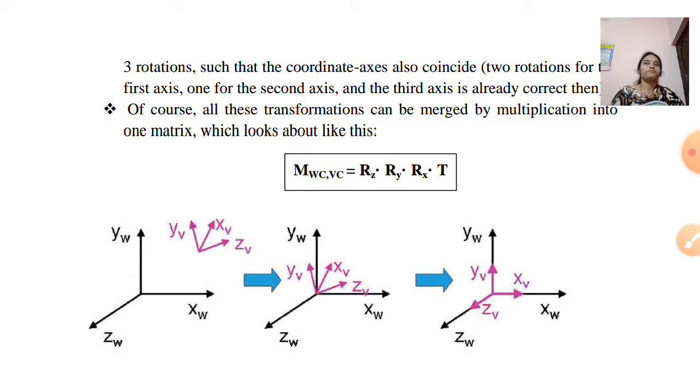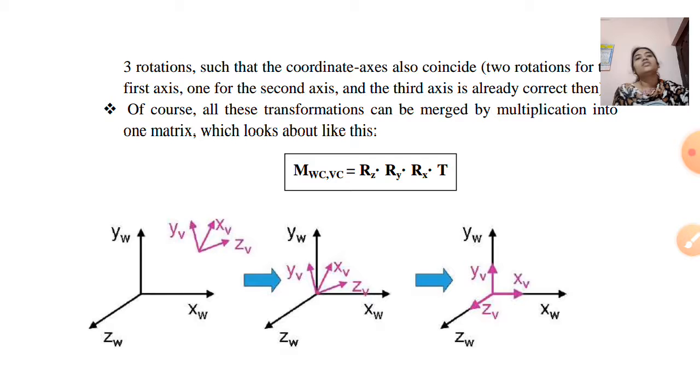That means the projection operation converts the viewing coordinate description, which is 3D, to coordinate positions on the projection plane, which is 2D. It is also defined as mapping or transformation of the object onto the projection plane or view plane. This view plane is the display surface.